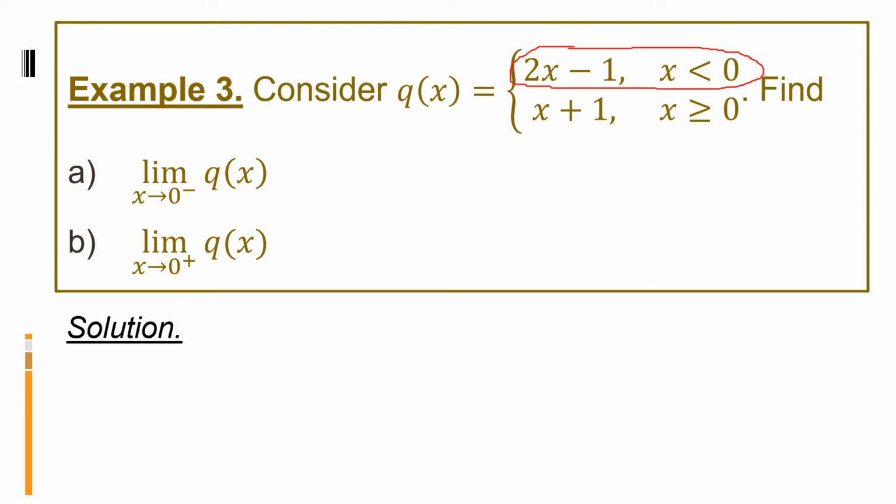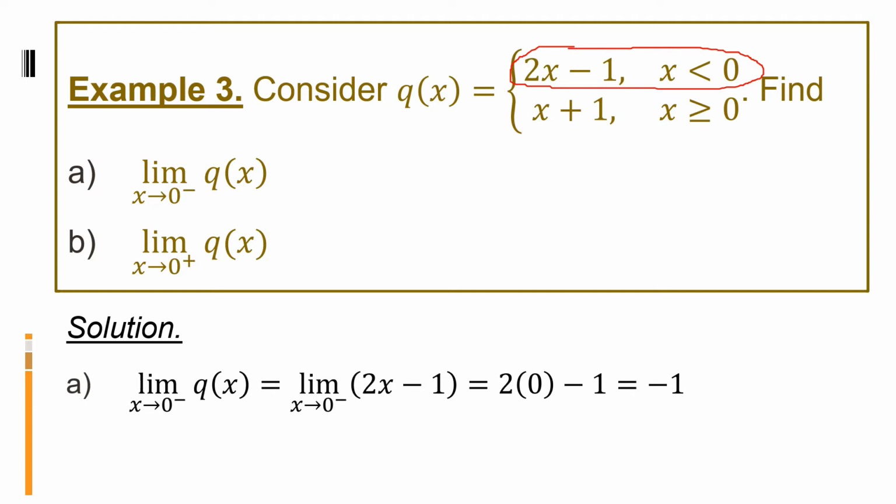Therefore, for our solution, the limit as x approaches 0 from the left of q of x, yung q of x natin is yung 2x minus 1 ang gagamitin. So we have the limit as x approaches 0 from the left of 2x minus 1. So by direct substitution, evaluate lang natin into 0. So we have 2 times 0 minus 1. So that is negative 1.